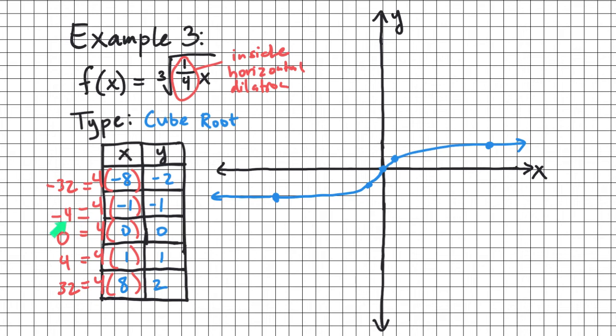Like for example, we could do -4, -1. There. We're still going to have 0, 0. And then we're going to have 4, 1.